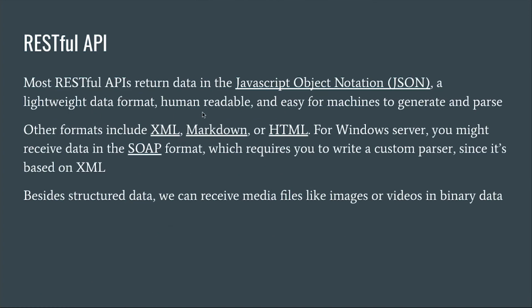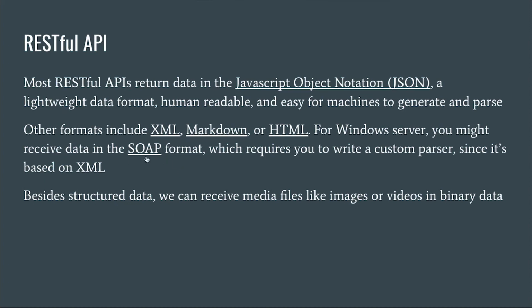So most of the data that is responded from the server comes in this form called the JavaScript Object Notation, or JSON. So it's essentially a lightweight data format. Older web services, for example, in the old Windows server, you might be getting the data in the form of a SOAP format.